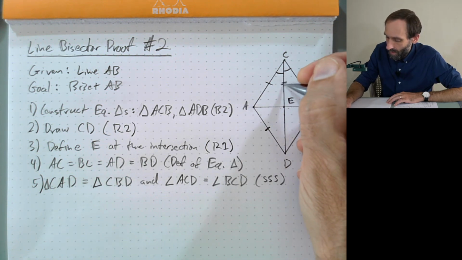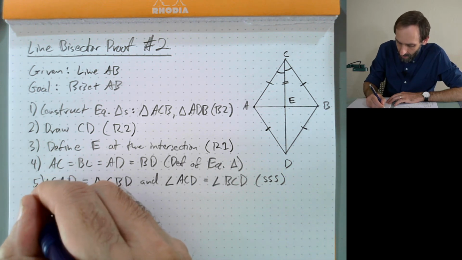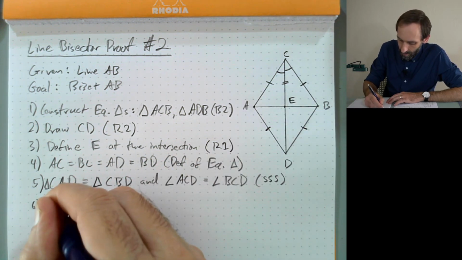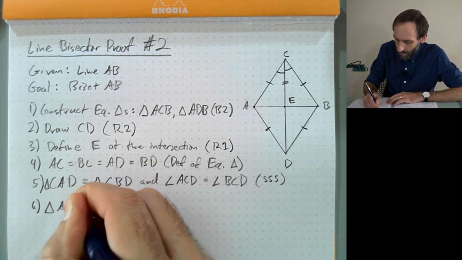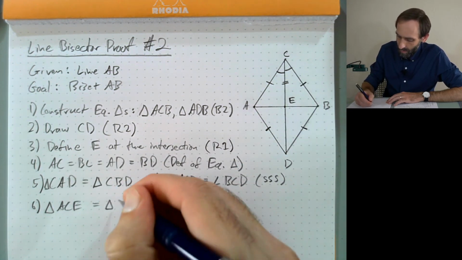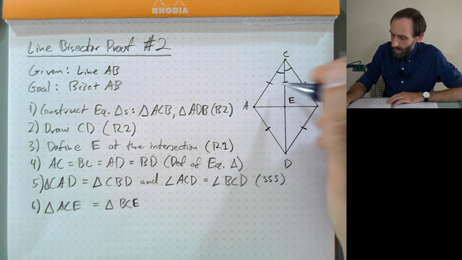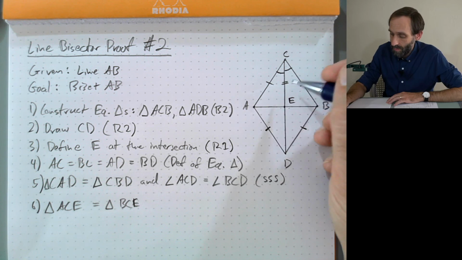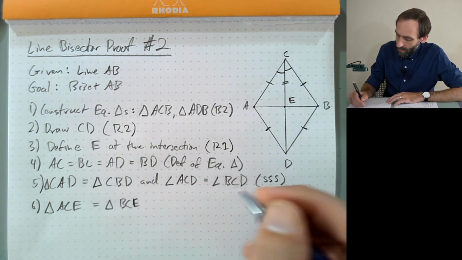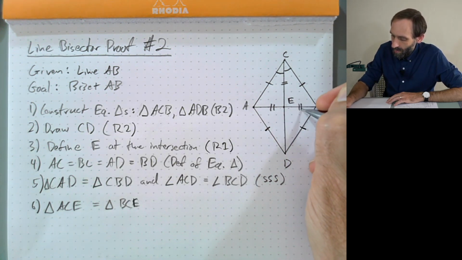That this length here, CE, being equal to itself, enables me to make the next logical step, that the triangle ACE is equal to the triangle BCE, because this side is equal to this side, this angle is equal to this angle, and this side is itself. So therefore these two triangles are equal, and therefore this length must equal this length.